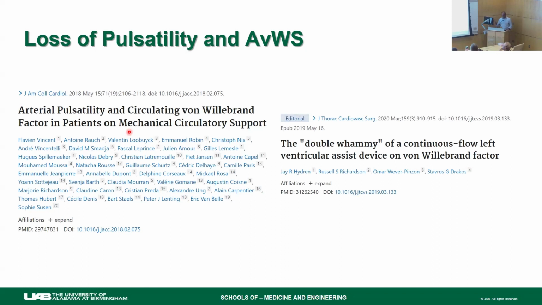They also hypothesized that this loss of pulsatility was contributing to decreased production of von Willebrand factor. So you're producing lower amounts of von Willebrand factor and degrading higher amounts of the high molecular weight von Willebrand factor. This got us interested because it suggested to us that not only is endothelial dysfunction a consequence of loss of pulsatility, but maybe acquired von Willebrand syndrome is also a consequence of loss of pulsatility.